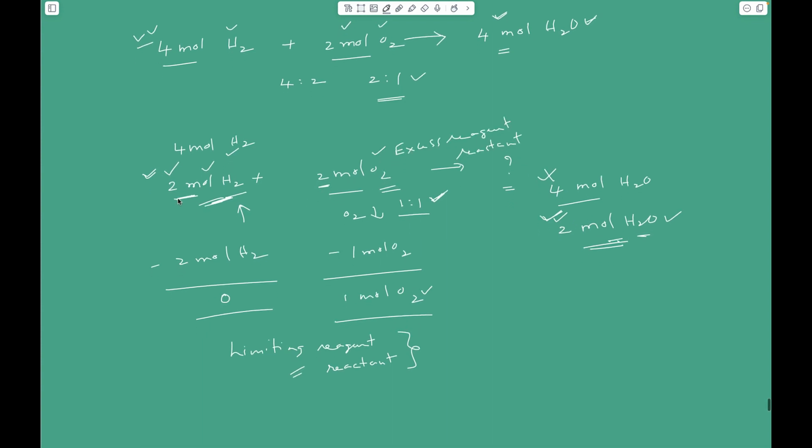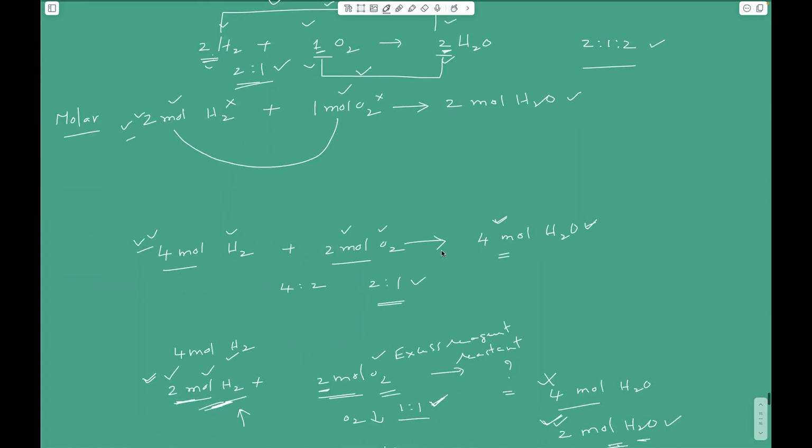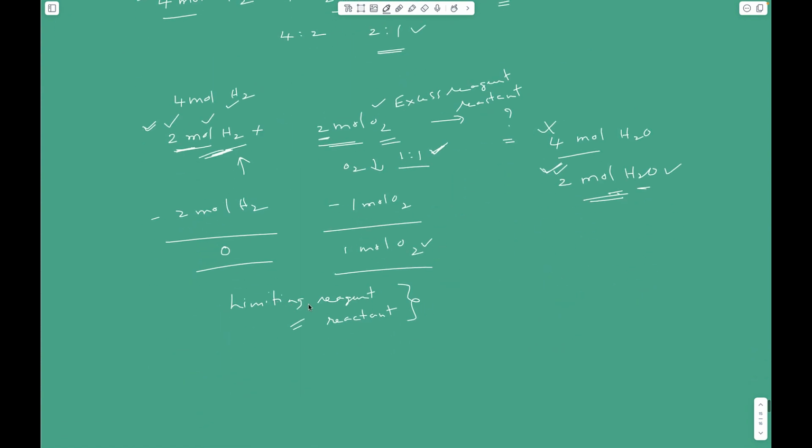So, if the amounts of reactants taken are not in their stoichiometric proportions, that is, not in the ratio of their stoichiometric coefficients, then you have to first identify the limiting reagent to estimate the amount of product formed, because it is this limiting reagent that imposes a restriction on the amount of product formed.